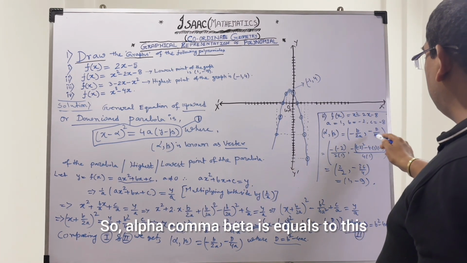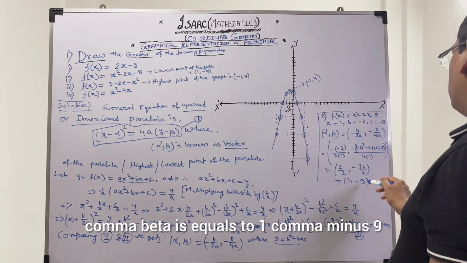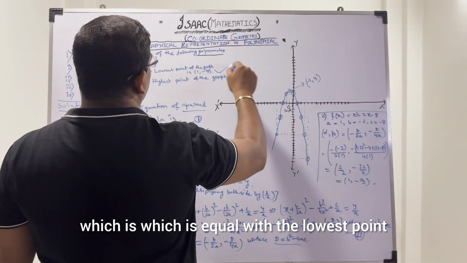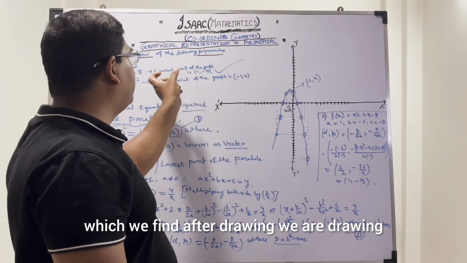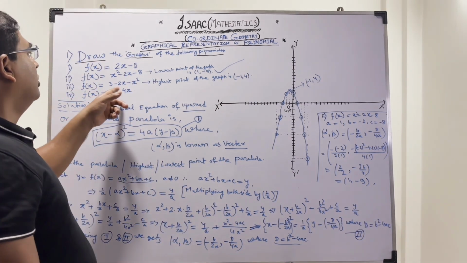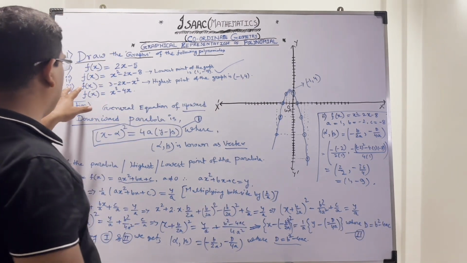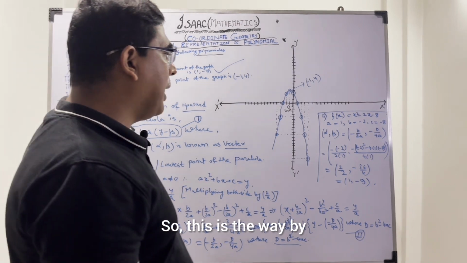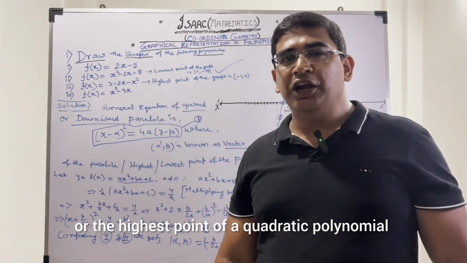After calculating we get alpha comma beta is equal to 1 comma minus 9, which is equal to the lowest point of this parabola, which we find after drawing the graph of this parabola. Similarly, we can also find the highest point of this parabola 3. So this is the way by which we can find the lowest or the highest point of a quadratic polynomial.